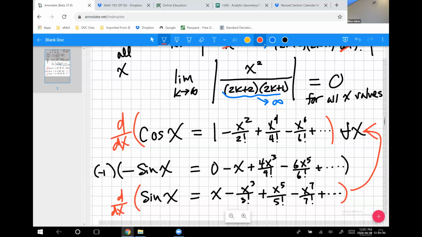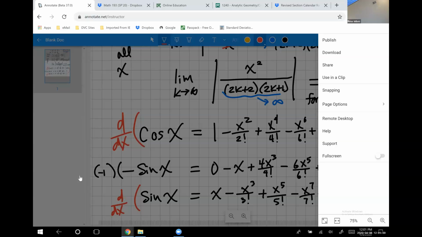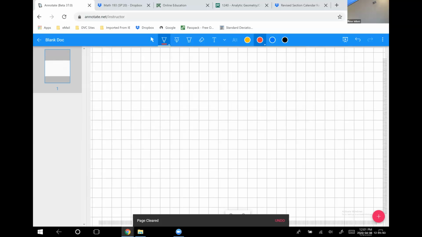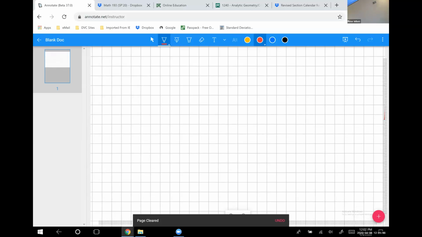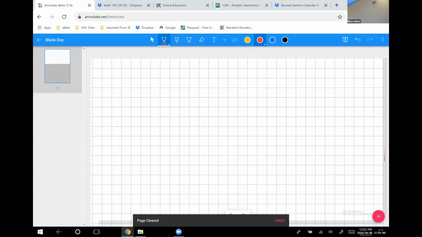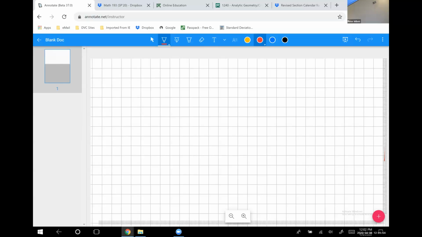But I want to finish up in our last few minutes by looking at the table as a summary of their results, because you're going to want to come back to this table a lot. As you can see, by using the Taylor series formula or the Maclaurin series, you can come up with the Taylor series for sine and for cosine.